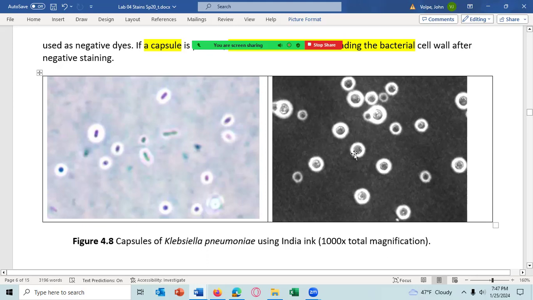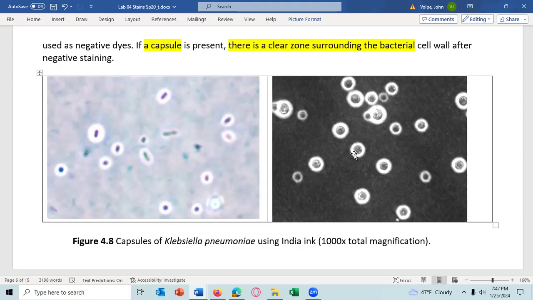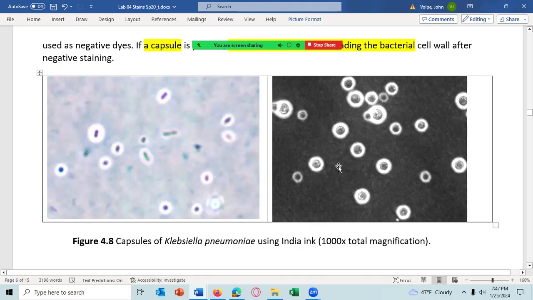The cells themselves are kind of gray in color, and that's just because the India ink is not good at getting inside the bacteria or even coating the bacteria. So the background looks dark, the cell looks grayish in color, and then the capsule forms a clear ring around the bacteria. Anyways, that's the negative stain using India ink.